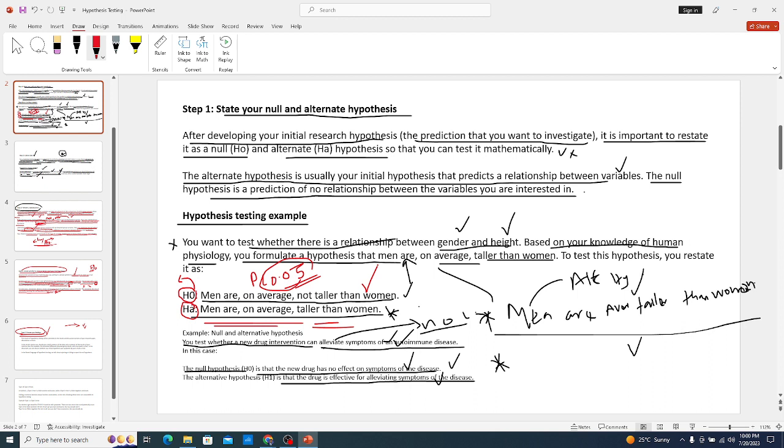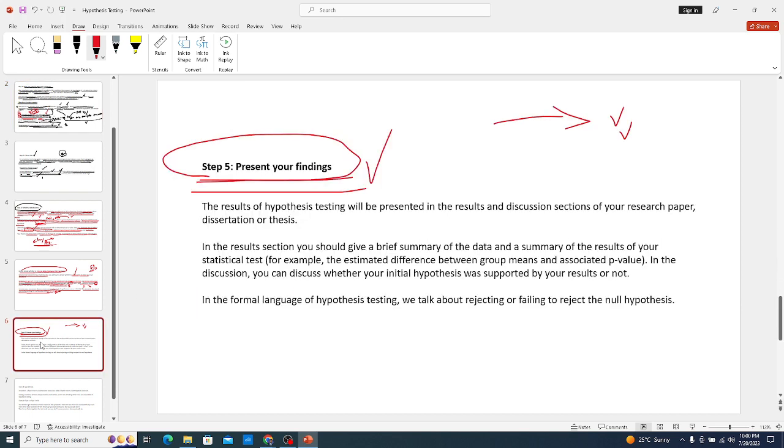But if we reject the null hypothesis, then it's like we are saying that men are taller than women. Okay, that's our objective.